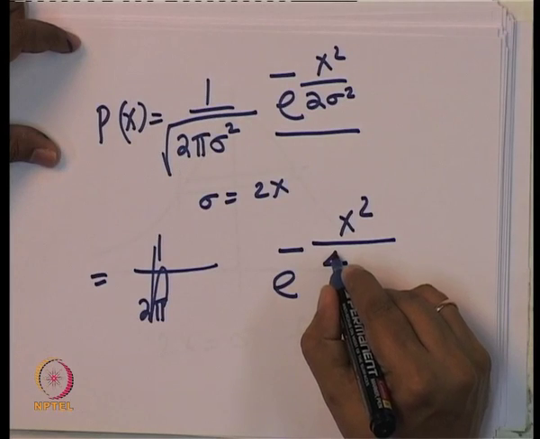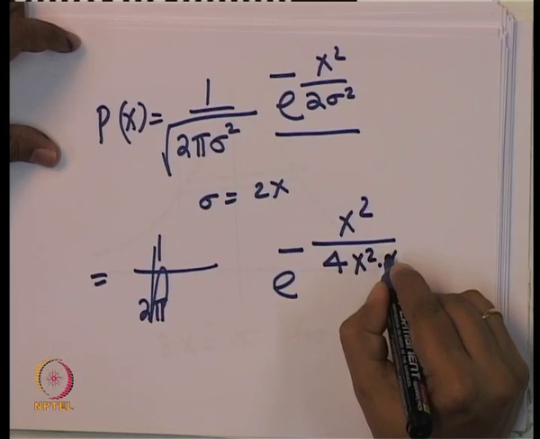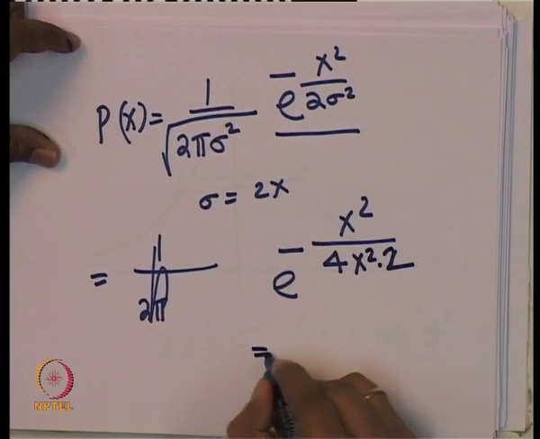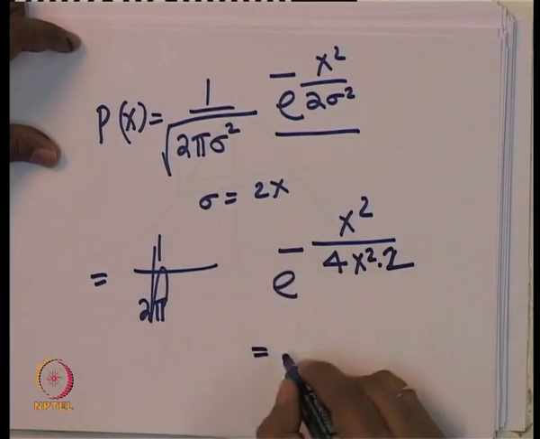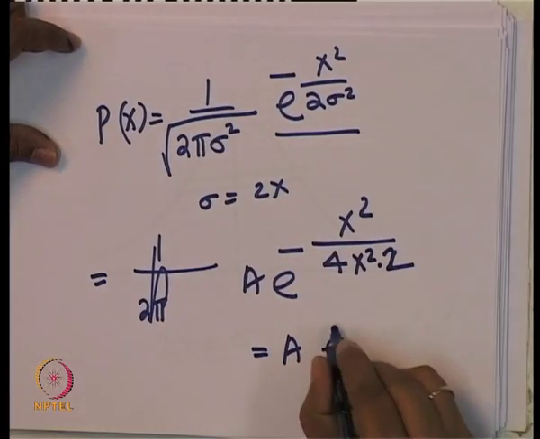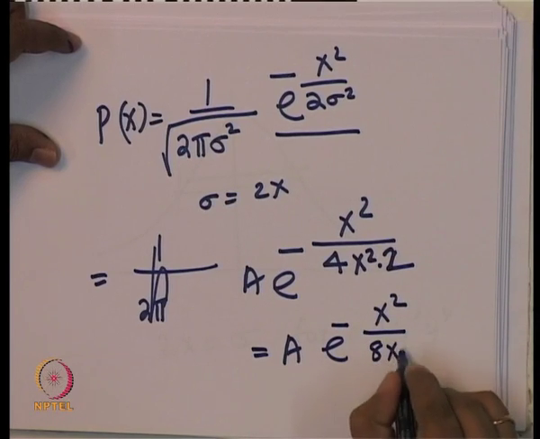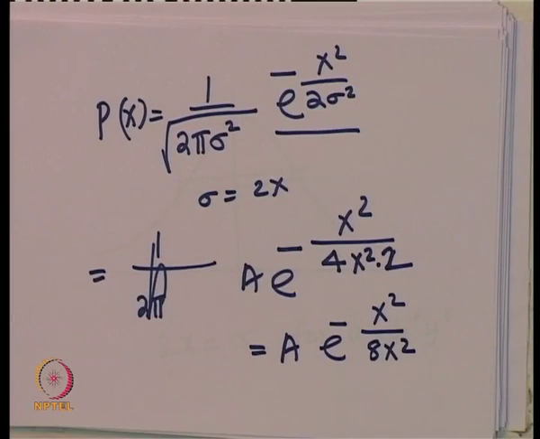So, 2x square is 4x square and again 2 into 4x square, that is 8x square. Let me call this part a itself, a e power minus x square by 8x square.